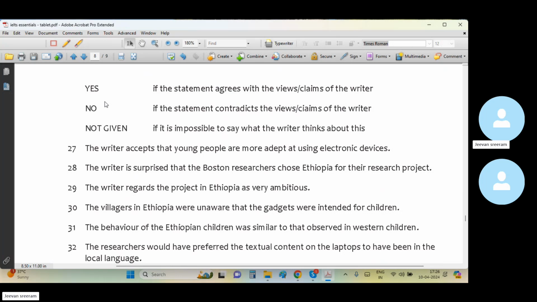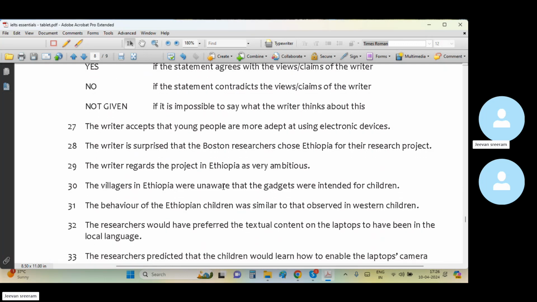For the author's opinion, you can say whether it is yes or no as per his words. But for true, false, not given, it is whether something has happened or not, true or false, something of that sort. So yes, no, not given questions are generally based on the author's views or claims, but true, false, not given questions are based on factual information given in the passage, right?